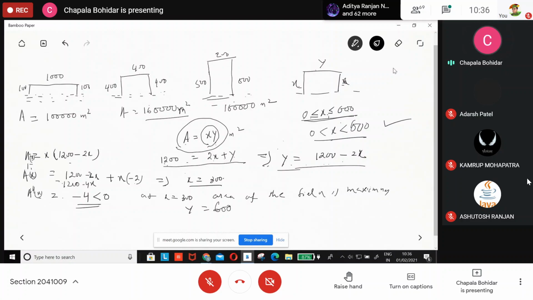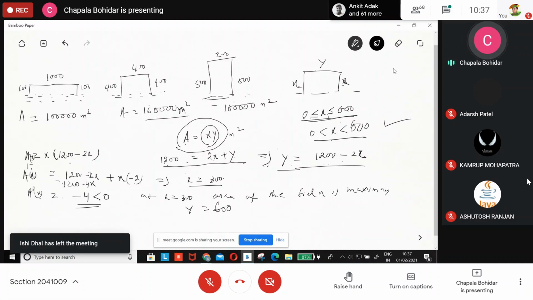Before that, write down some definition. First derivative test for absolute extreme values.